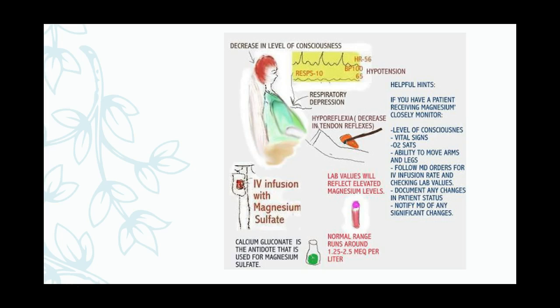We want to follow MD orders for IV infusion rate and checking lab values, and document any changes in the patient's status and notify the MD of any significant changes.